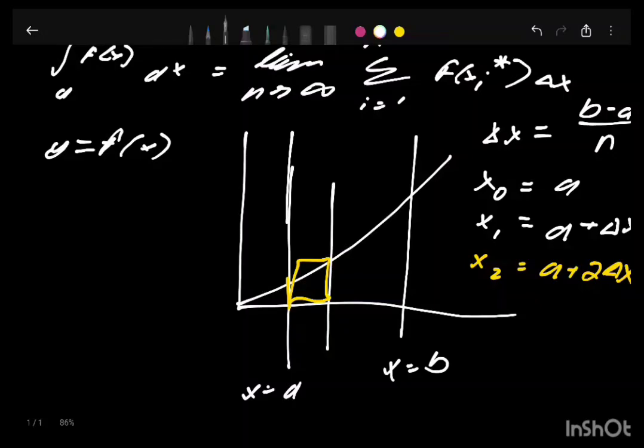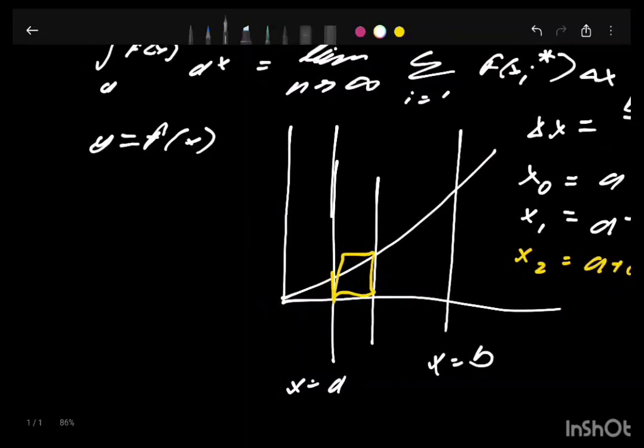Remember, our goal was to find the area underneath the curve by having many rectangles and summing their areas until we can approximate the area underneath the curve that is bounded by two vertical lines, the x-axis, and of course the curve. Now we can use the sigma rule. So basically it tells us that the sum from i equals 1 to n of the area of each rectangle, which again is given by f of x sub i asterisk times the width delta x.